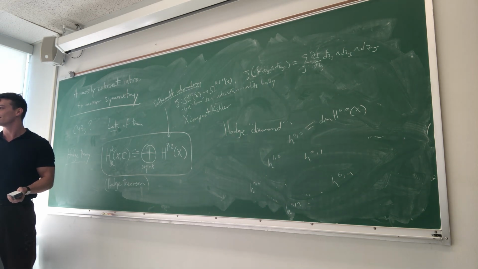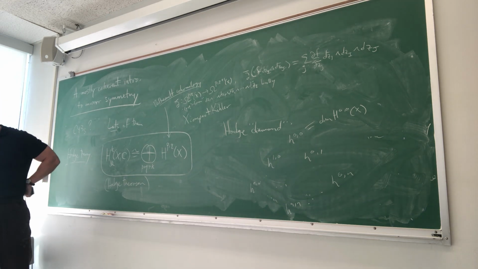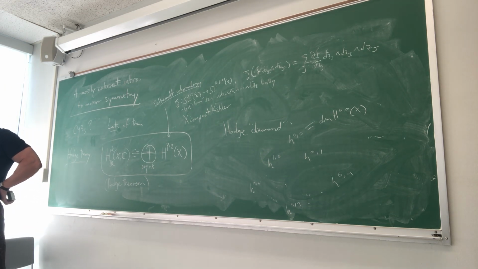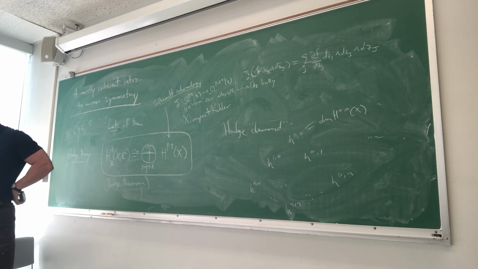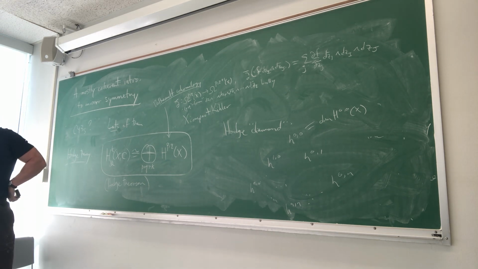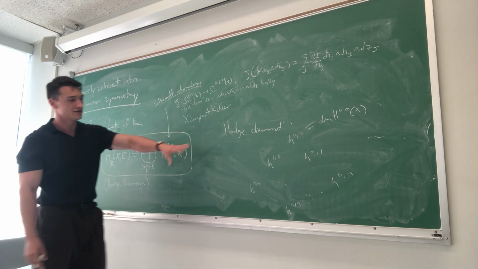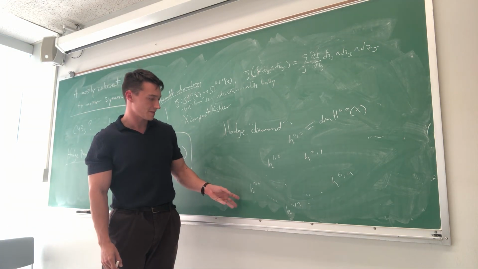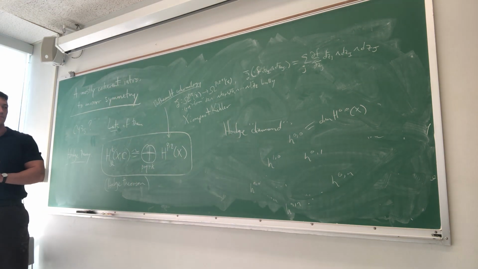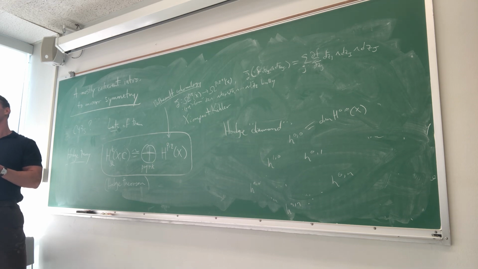Does anyone have questions? So this is like, if you change the complex structure, it's going to change the numbers in there, but it's not going to change the... It could. It depends. If you have a nice family, then they should be constant. But I don't want to get too specific.